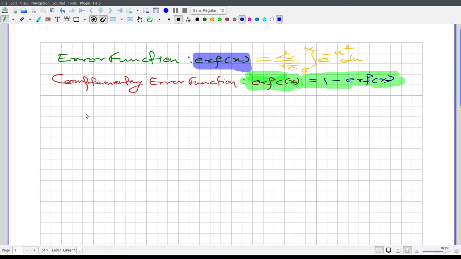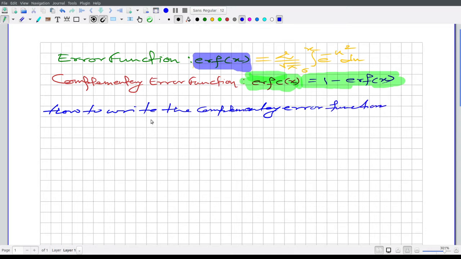So the first thing, how to write the complementary error function into its integral form.